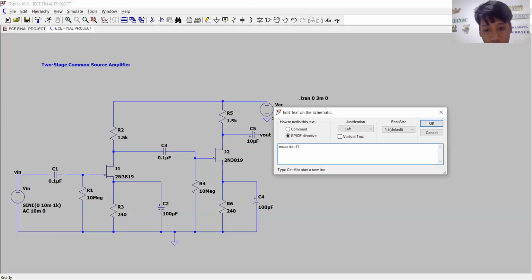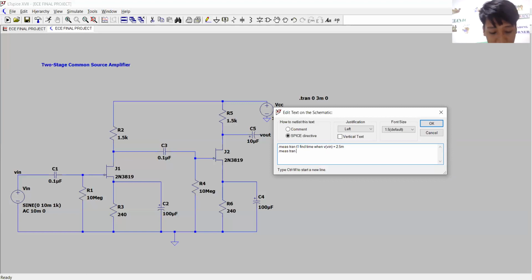Run T1, find time when V in is equal to 2.5 M. The same goes with the T2 pair, but there is an additional command.